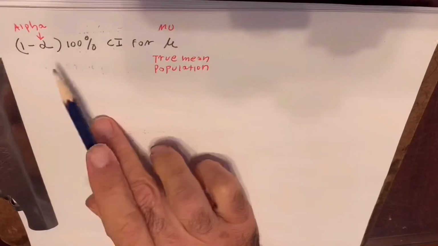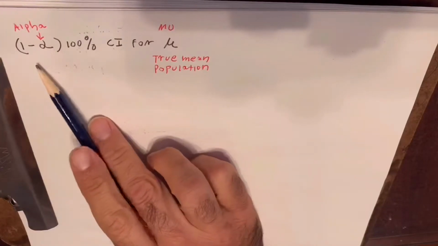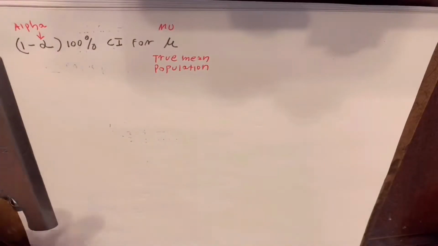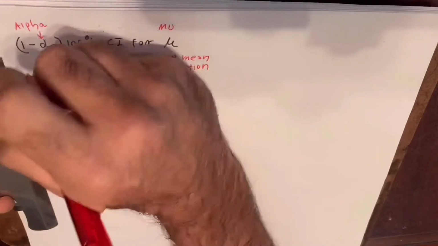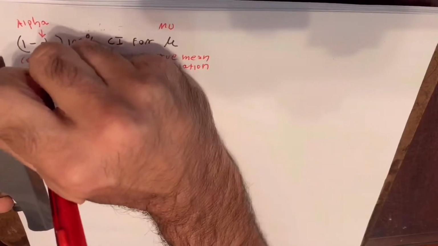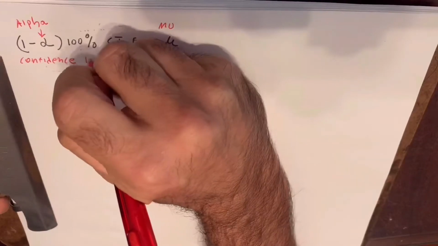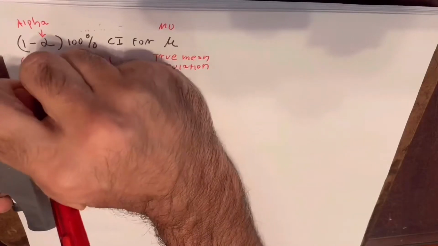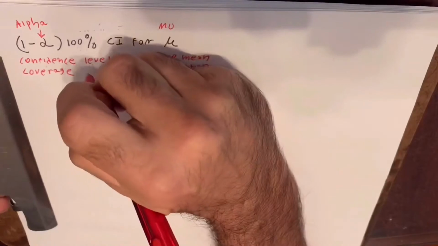And this Greek letter alpha represents something important in statistical hypothesis testing, which if you've watched some of my other videos, you know I don't want to get into at this exact moment. But this 1 minus alpha is called the confidence level. And sometimes it's called the coverage probability.